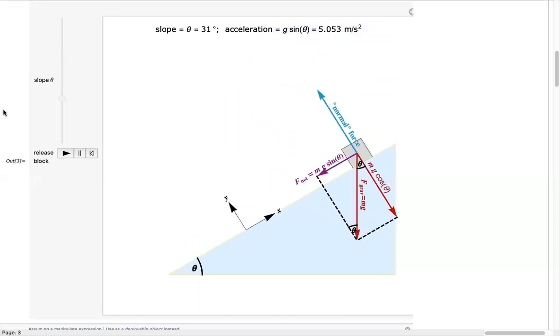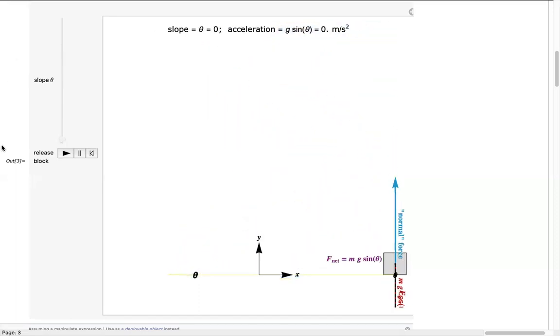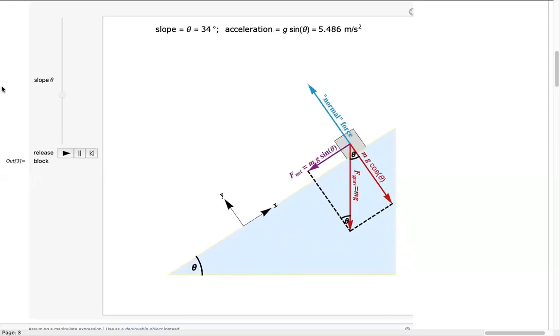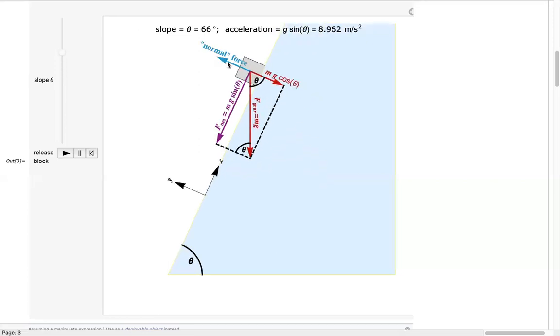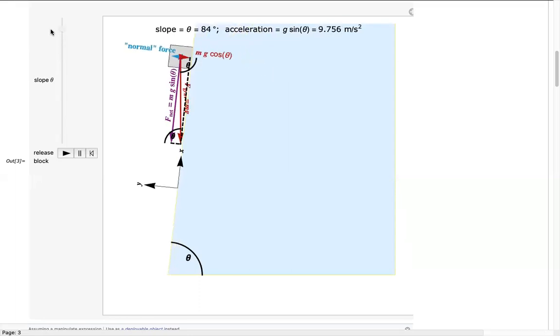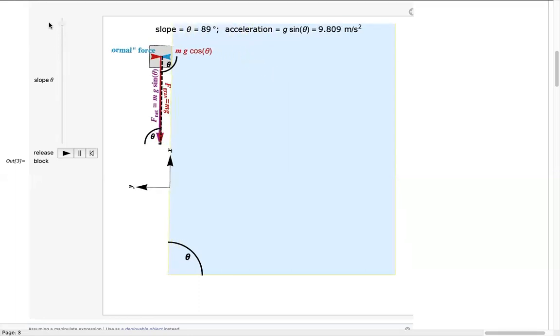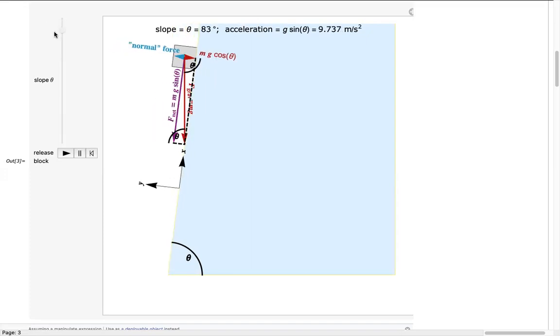Now let's look at what happens to the normal force. As I raise it, the normal force gets smaller and smaller and smaller. That's this blue line here, to where it's almost negligible when it's almost vertical.